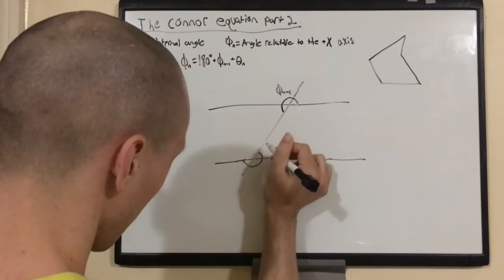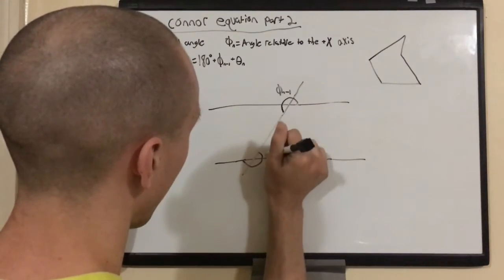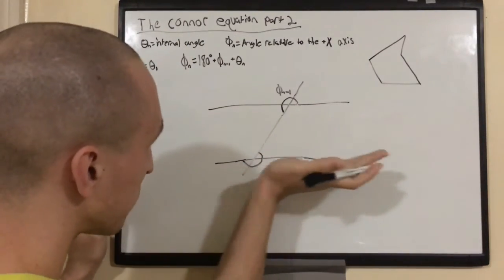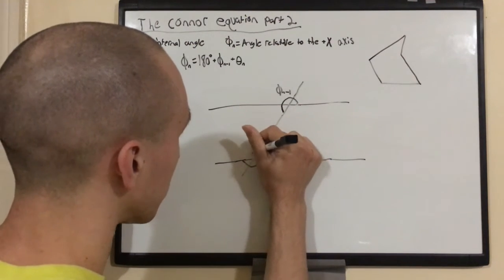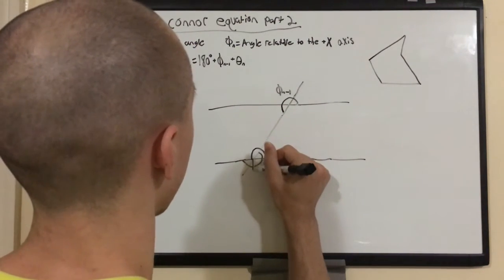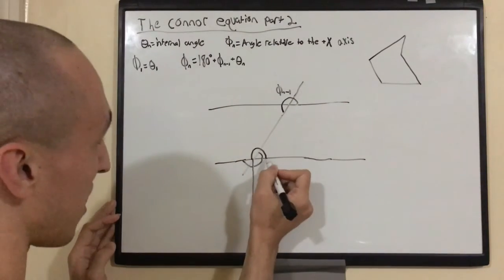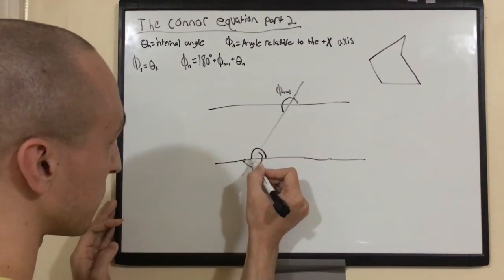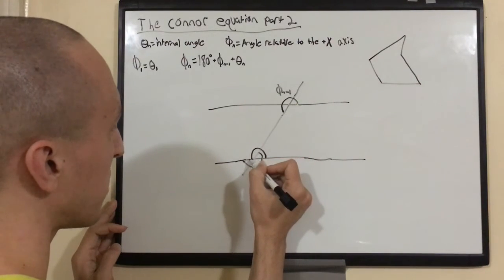So, remember, we are going to start with the zero direction here, 180 degrees, straight down. We're adding a lot of big angles together. So 180 degrees, then we add phi n minus 1.